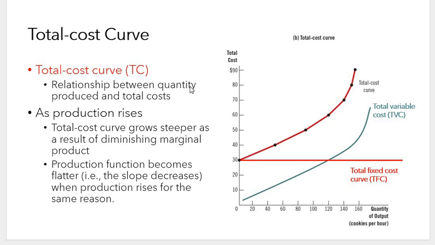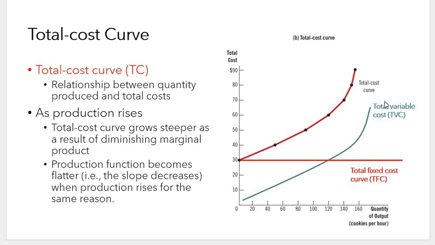It's just we might need to keep improving, renovating the facilities, machines, or the production process itself, but we still cannot violate the nature that production will be less and less efficient, and we will see a diminishing marginal product when we increase the number of inputs.